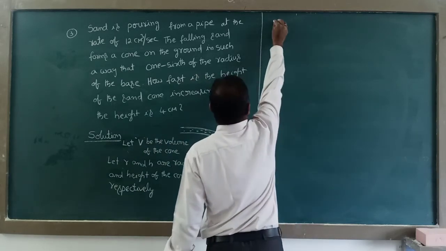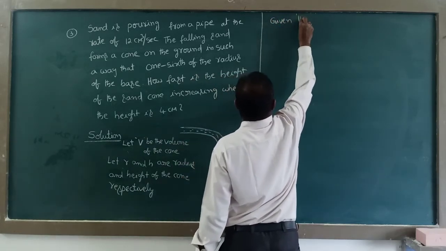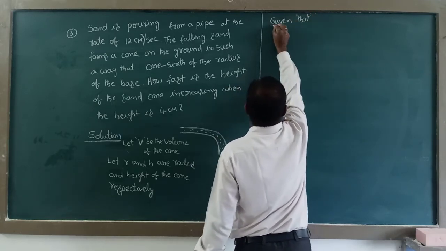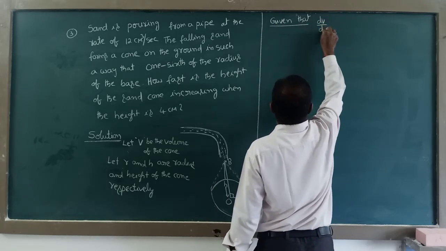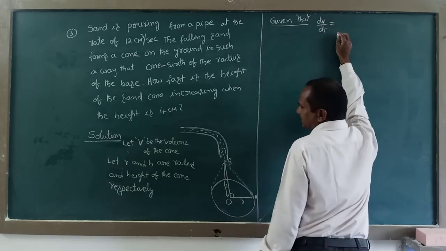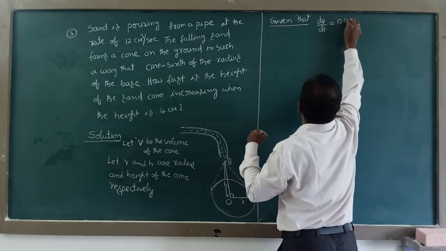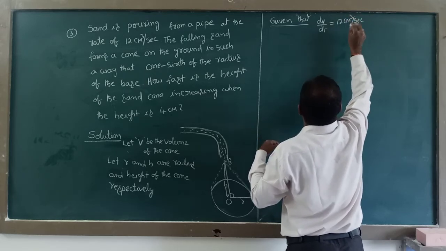Given that dV by dt is 12 centimeter cube per second.